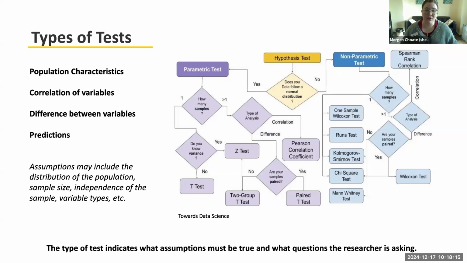Another thing you can test for is the distribution of your data, which I will get into. That's a whole can of worms. But that is important information to have, and you can run a test for that. You can also run a test for correlation. You've probably heard the saying, correlation does not mean causation. Correlation just means that an increase or a decrease in one variable is resulting in an increase or decrease in another one. So any change in one results in a change in the other.